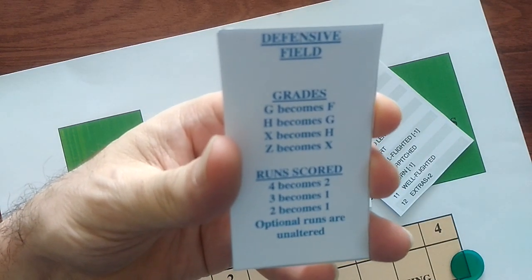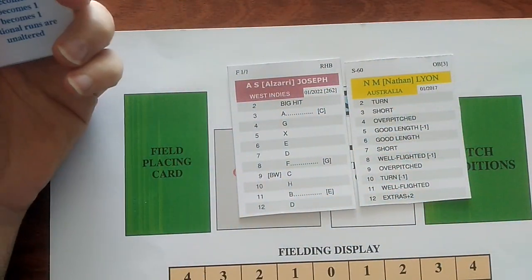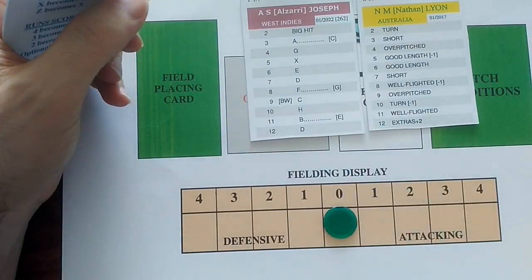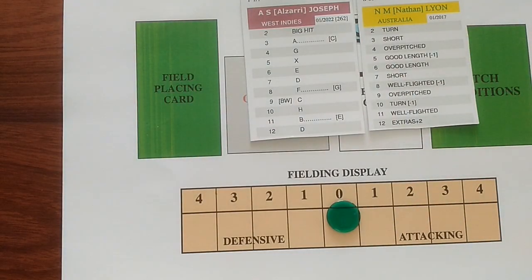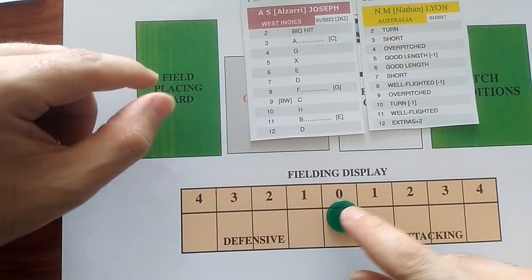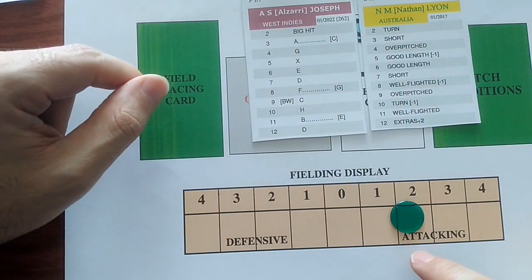So hopefully that's a little bit clearer. It will take a little bit of time to get used to when you first play. When you first play a test match, I would recommend to choose a normal field setting. Don't worry about these. As you get a few test matches in, start to maybe choose a few field settings. Maybe choose like 1s and 2s so that it doesn't come up as much.